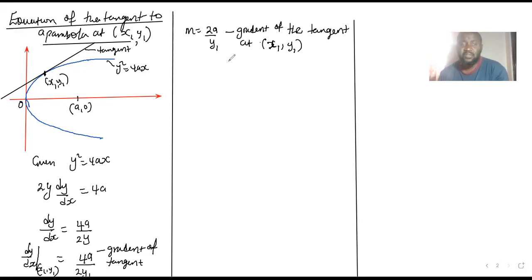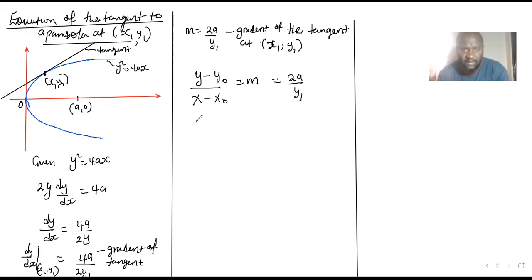If that is the gradient of the tangent to the parabola, remember how to find the equation of a line. You can say (y minus y naught) out of (x minus x naught) is equal to the gradient. In this case, our gradient is 2a out of y1.